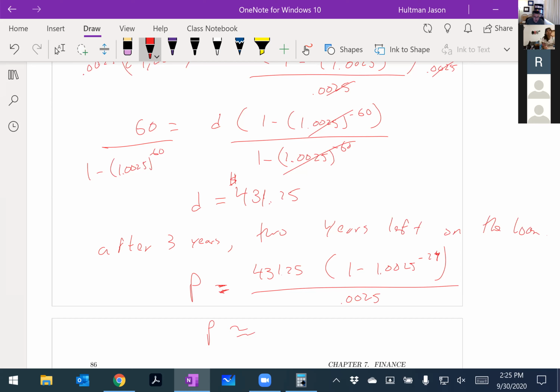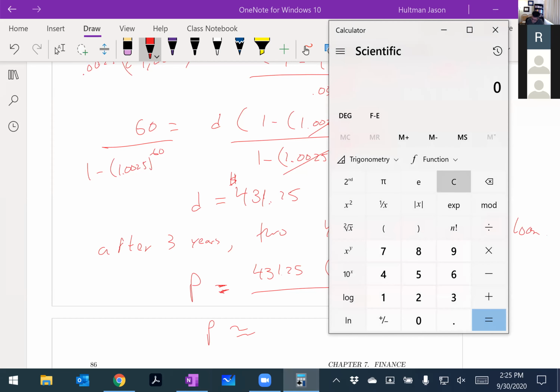So the present value on this, let's plug this into our calculator. It's going to be 431.25 times 1 minus 1.0025 raised to the negative 24th power.